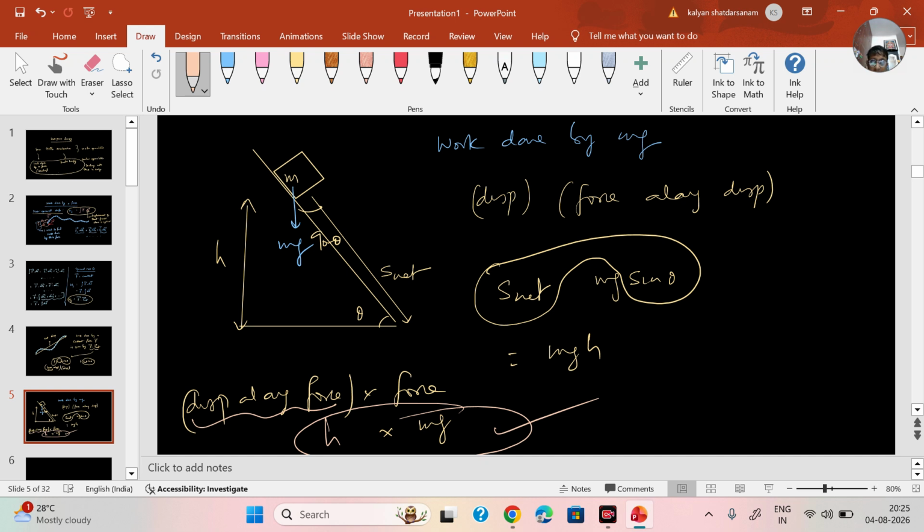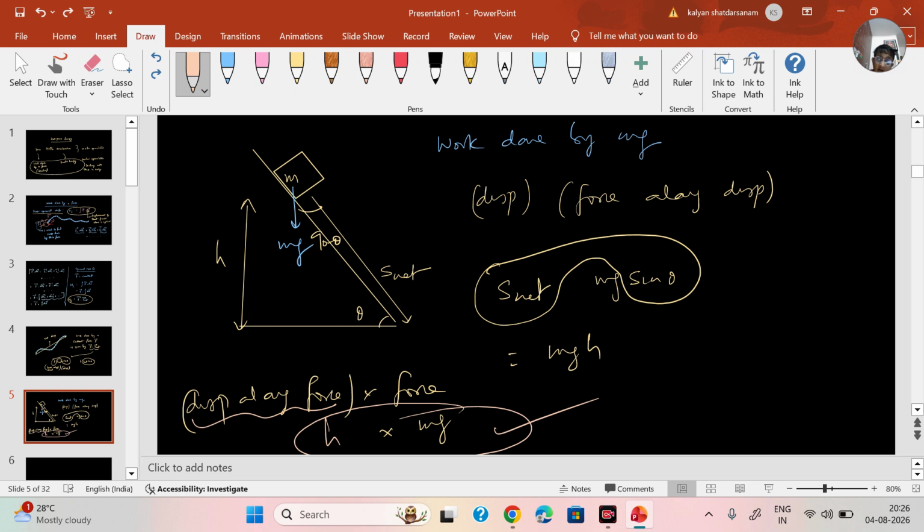When you are finding work done by a constant force, it is F dot S. You have a choice now. You can write it as F S cos theta, no doubt. But you can club that cos theta with F and say it is component of force along displacement. For example, mg cos 90 minus theta. That gave me mg sin theta here. That is force along displacement multiplied by displacement.